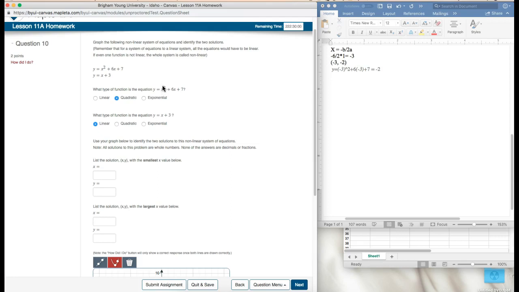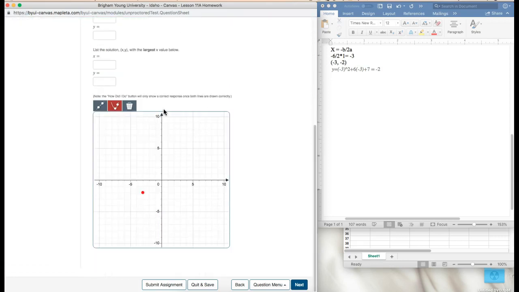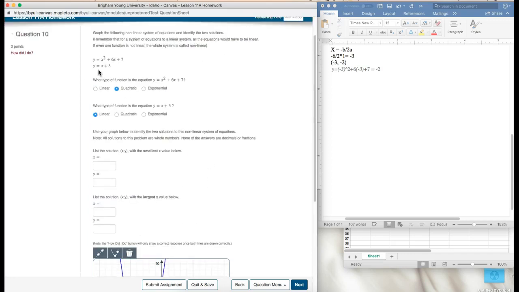So substituting 0 in here, 0 squared is 0, 6 times 0 is 0. So I'm really just looking at c, or this last number here, which is 7. So that tells me that this parabola crosses the y-axis at positive 7. 5, 6, 7. Again, let's try and get as close as we can because we're looking for solutions in this one. That looks good.